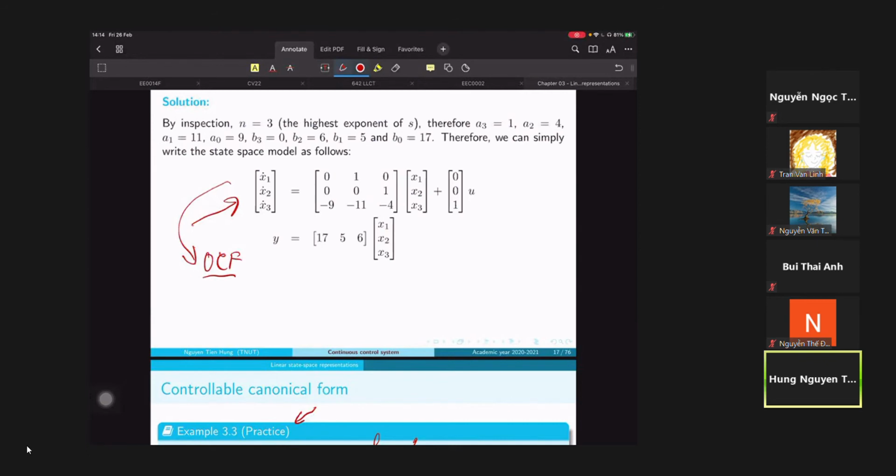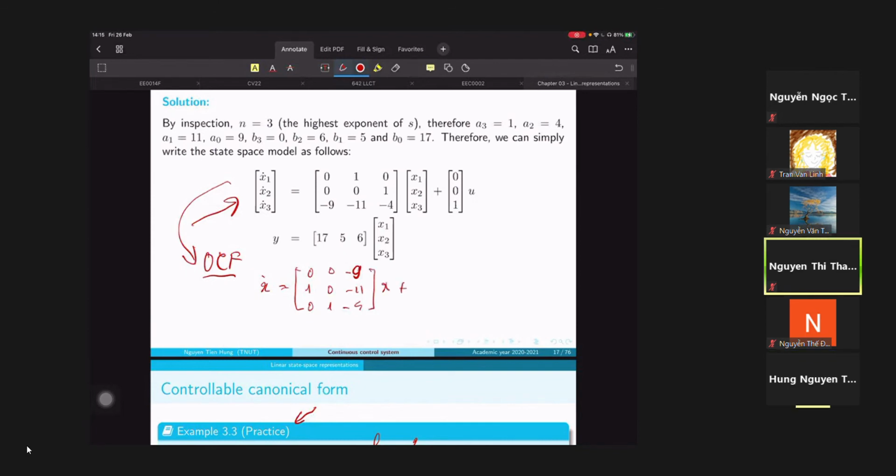We got x dot equal, we take 0, 0, 9, and here we got 1, 0, 11, and here we got 0, 1, -4, times x, plus 17, 5, 6, times u.